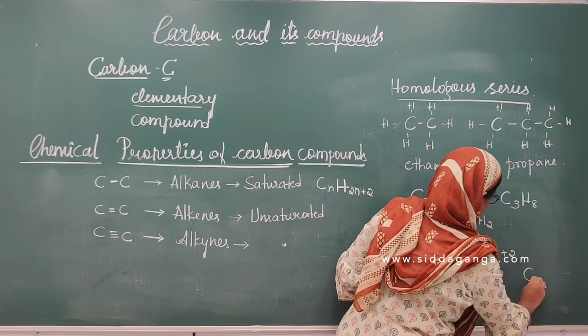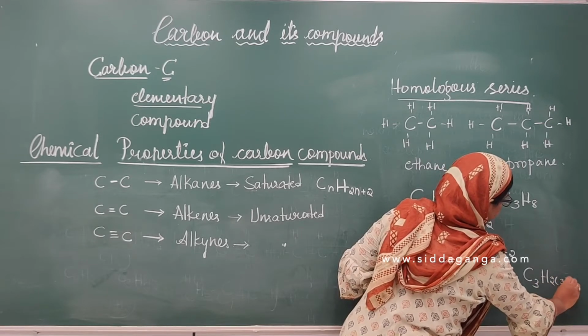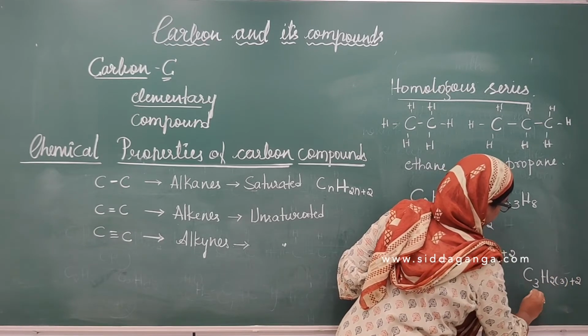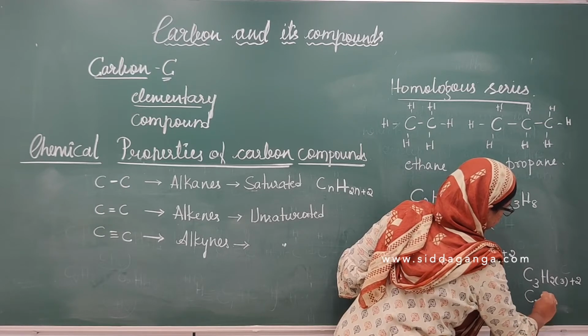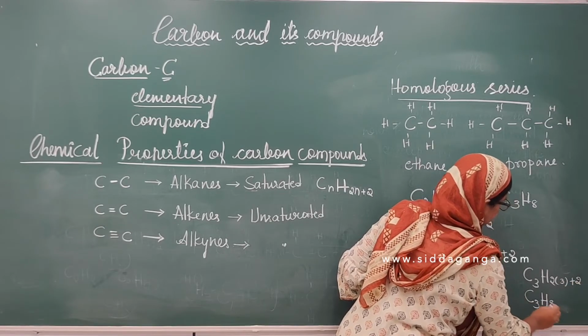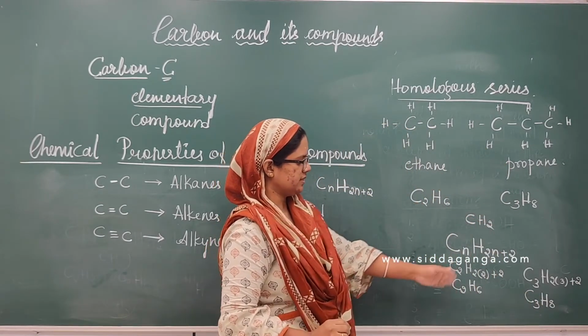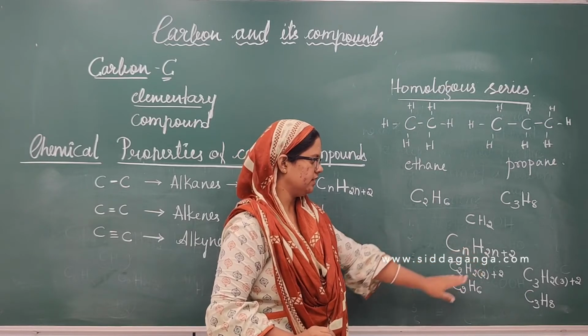If you apply this here, you see the same thing: C3H2 into 3 plus 2, then it becomes C3, 3 into 2 is 6 plus 2, 8, H8. C2H6, C3H8.